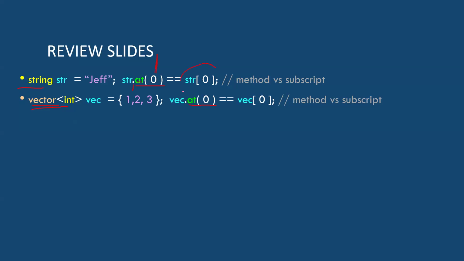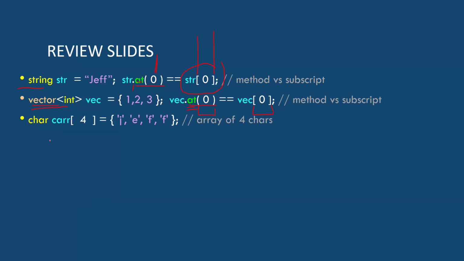And it turns out that the string can masquerade as if it's an array by putting these square brackets out there. So there's really two ways we can ask a string what's at position 0. And fortunately, the good people who wrote C++ said, well, let's just use the same idea for vectors. You can have two ways to get some information out of a vector.